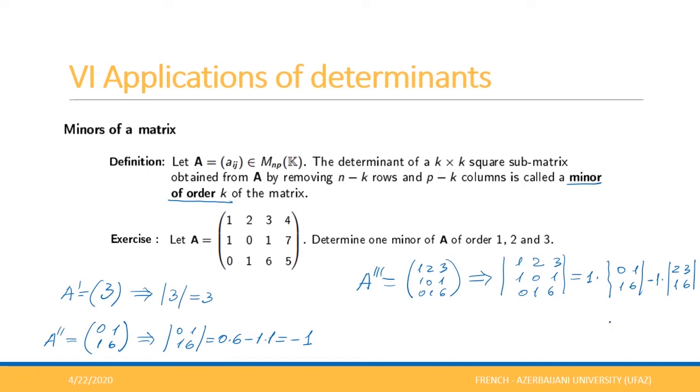It will be 0, we don't write it. This is equal to minus 1 minus 9, which is minus 10. That's it. And minus 10 will be one of the minors of A of order 3, because we get this number from the 3 times 3 matrix. Okay, that's it.